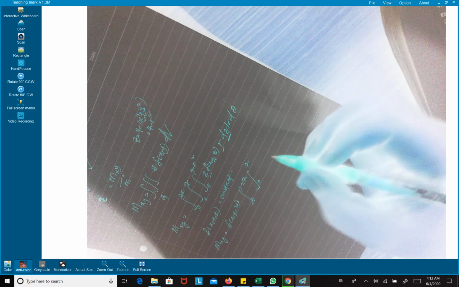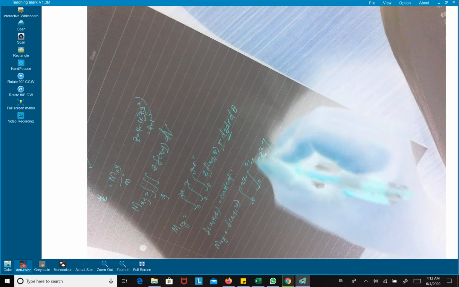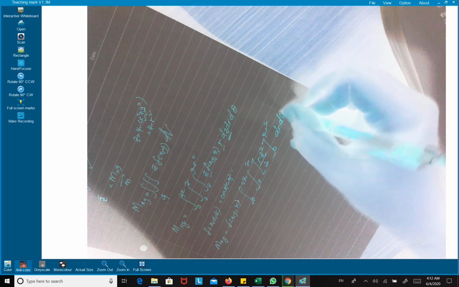You will get r z squared over 2 from 0 to 4 minus r squared, dr d theta.